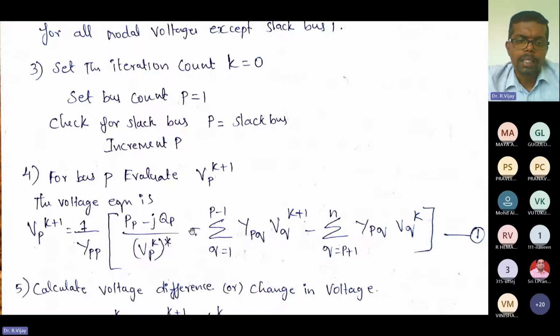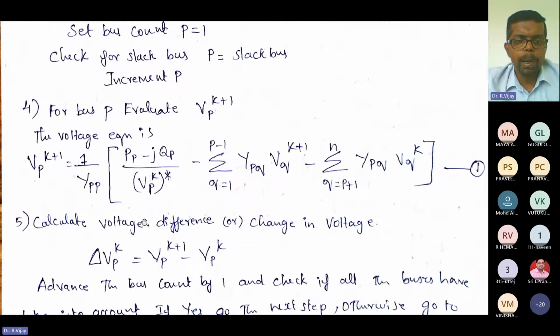Then minus summation Q equals 1 up to P minus 1 of Ypq Vq K plus 1, minus summation Q equals P plus 1 up to N of Ypq Vq K. This is equation number 1, the formula for calculating Vp K plus 1.